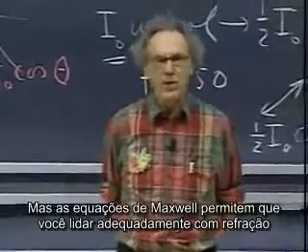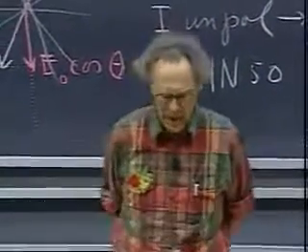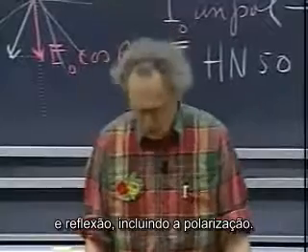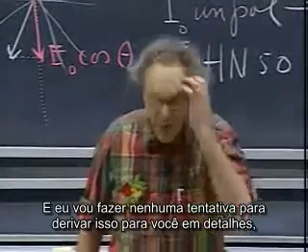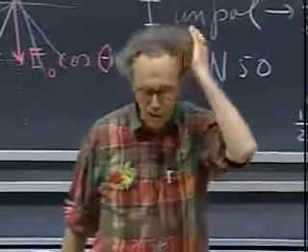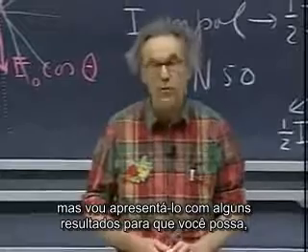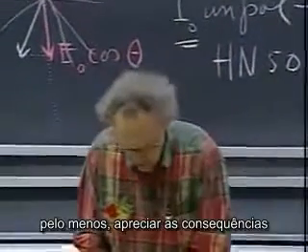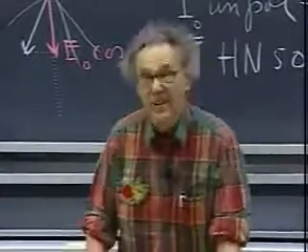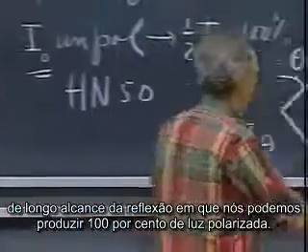But Maxwell's equations allow you to properly deal with refraction and reflection, including the polarization. And I will make no attempt to derive this for you in detail. That's really part of 803 if you ever take it. But I will present you with some results so that you can at least appreciate the far-reaching consequences of the reflection in which we can produce 100% polarized light.